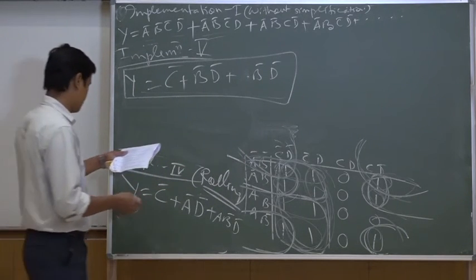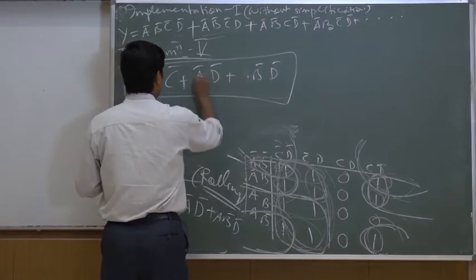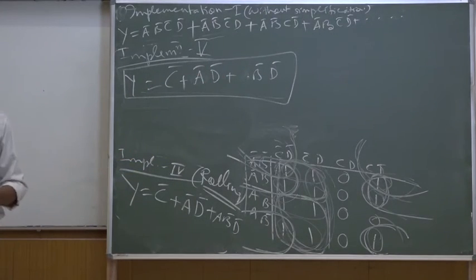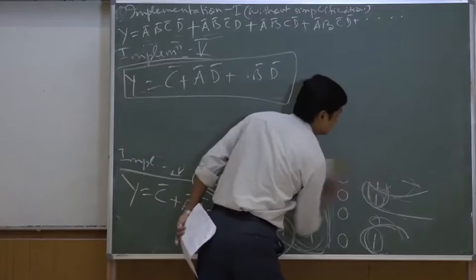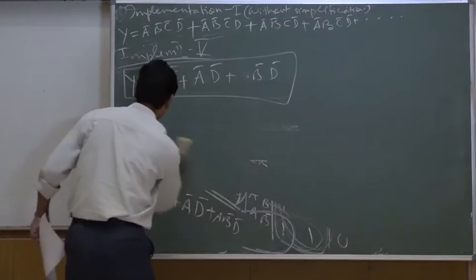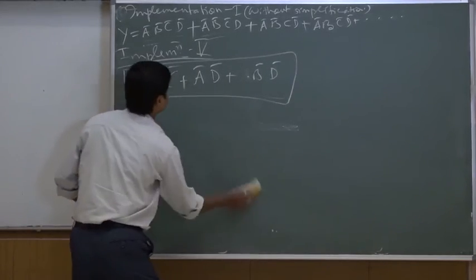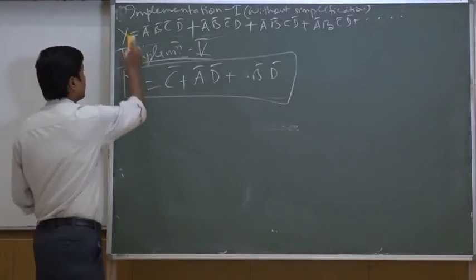Oh, sorry. A bar D bar, right. A bar D bar. Okay. Let me proceed to the next. Please check whether this one is coming or not.